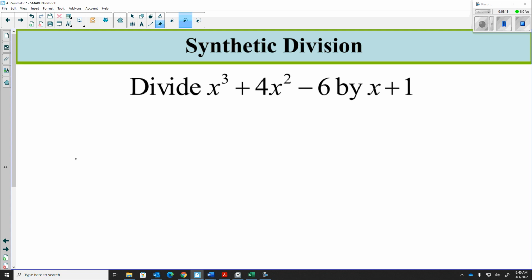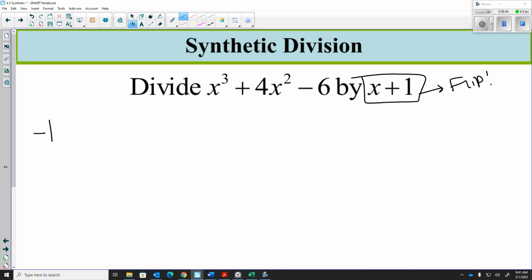So I want to divide x cubed plus 4x squared minus 6 by x plus 1. So remember, I start with that, right? Do you remember what I did with it? I had to flip it. I want the 0 that's associated with that, so I got to flip it. Negative 1. So all I did was flip that number.